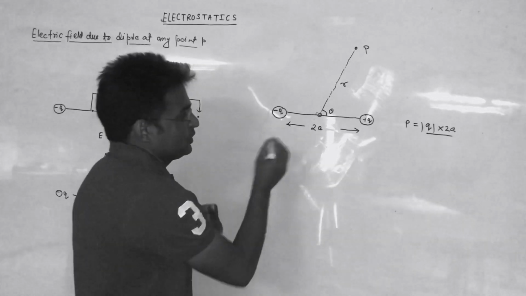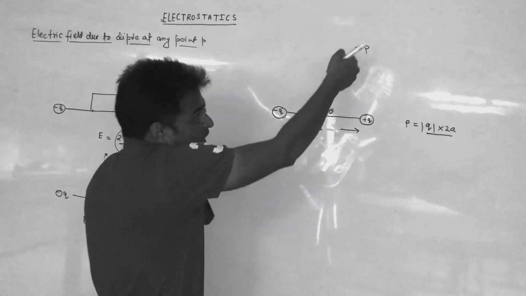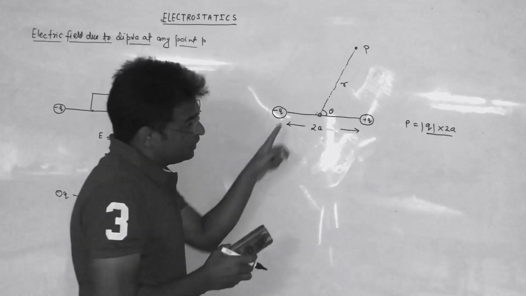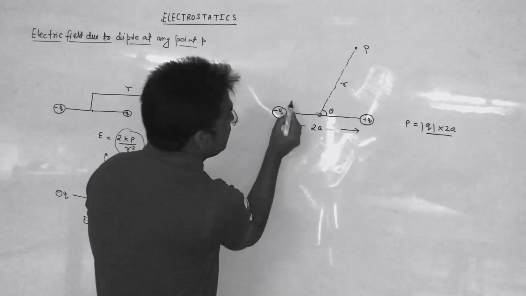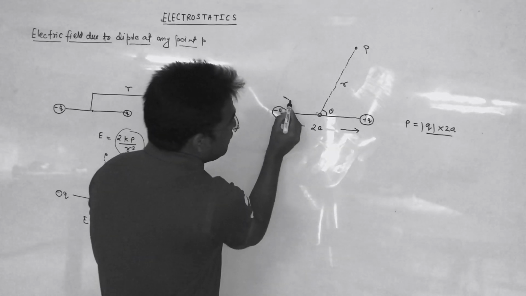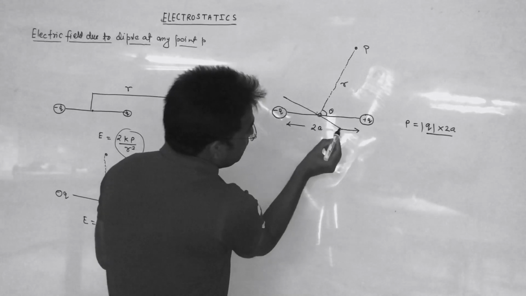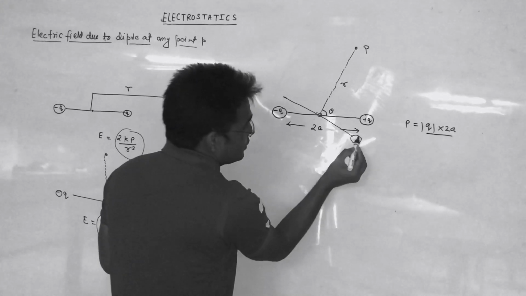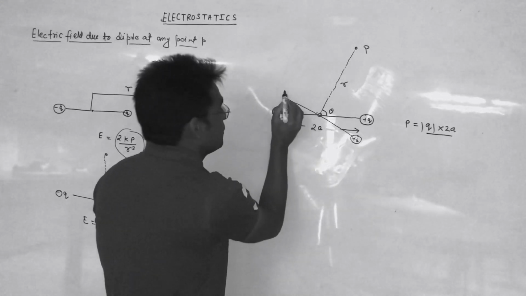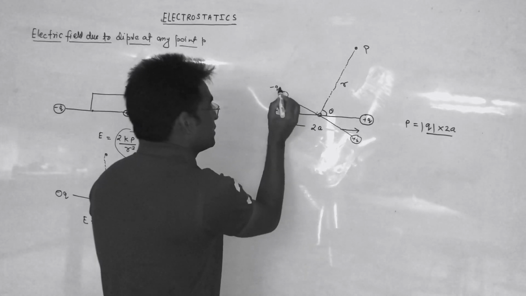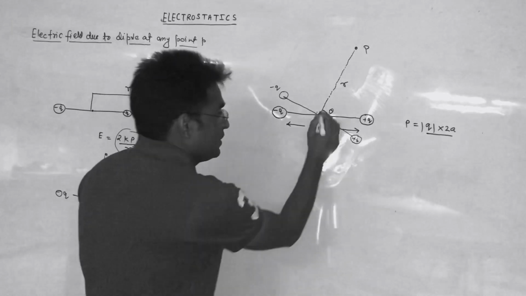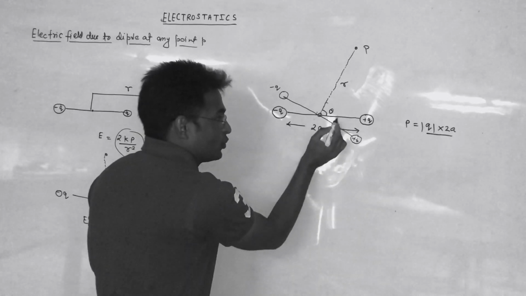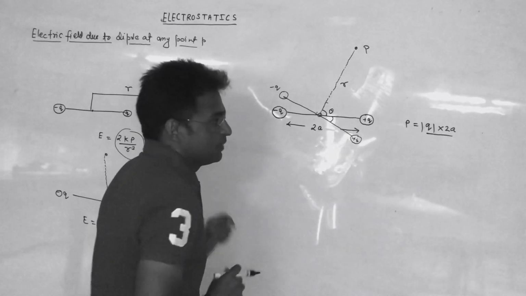One component is parallel to this line and another is perpendicular to this line. So perpendicular to this line r, I make another line that is perpendicular to r. So this is plus q and this one minus q. I just rotated this line. This angle is theta, and this total will be 90, so this angle will be 90 minus theta.